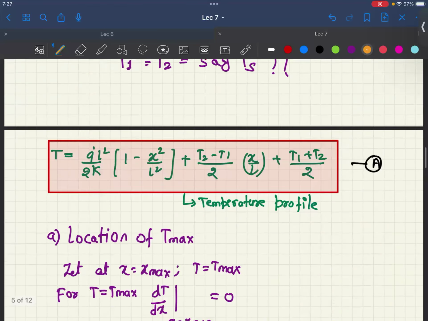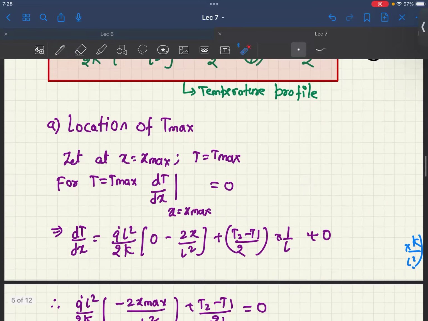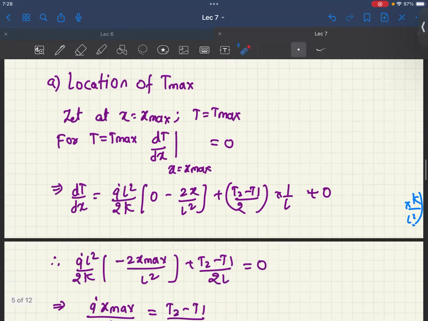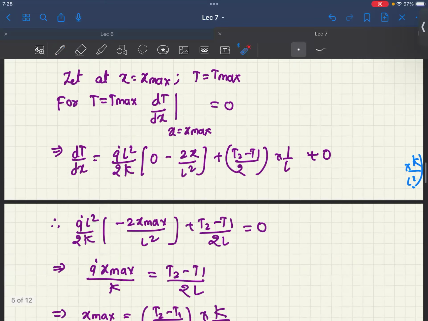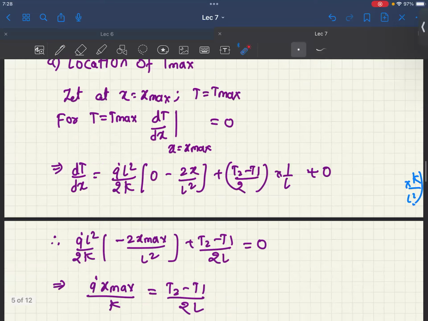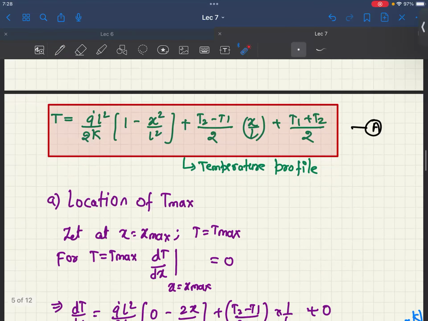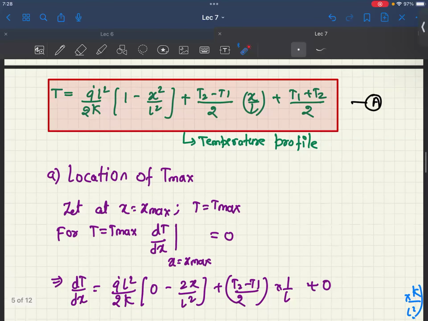So in order to find the location of this T max, we assume that it is going to occur at x equal to x max, right? We take the derivative of the temperature profile, we set it equal to 0, and whenever this happens, that would be our x max. So this is just an algebraic manipulation. Let me just tell you what this is. We take this temperature profile, take its derivative with respect to x, and set it equal to 0.